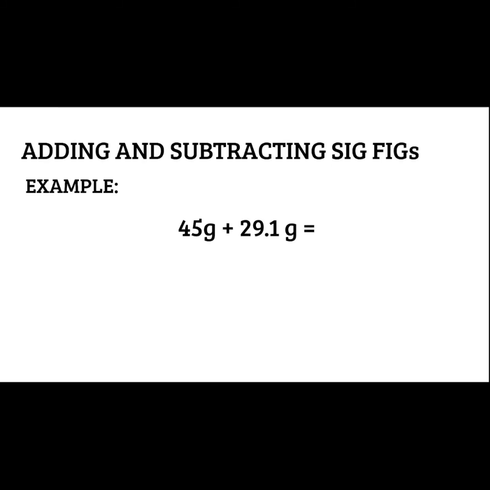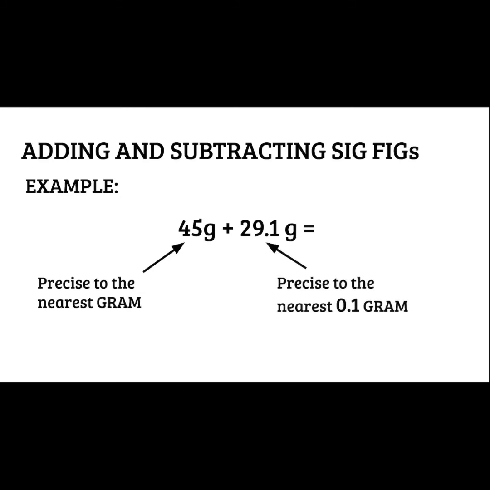On 29.1, they took the time to measure to the 0.1, so that's a lot more precise than 45. 45 has 2 sig figs, so our answer should have 2 sig figs. So it would look like this. Basically, significant figures is telling us what place we need to round to or how many numbers we need to round to.